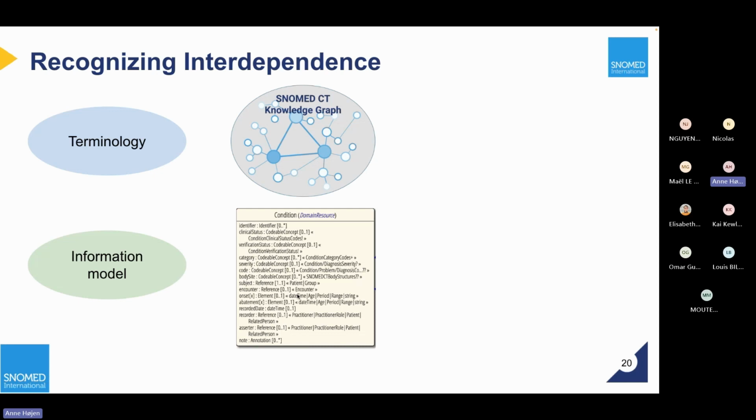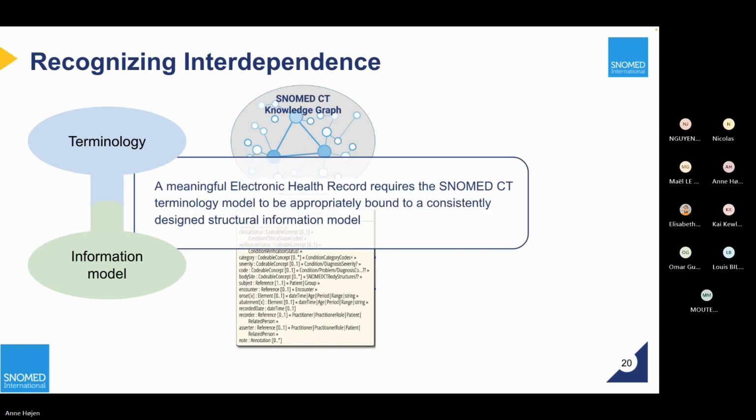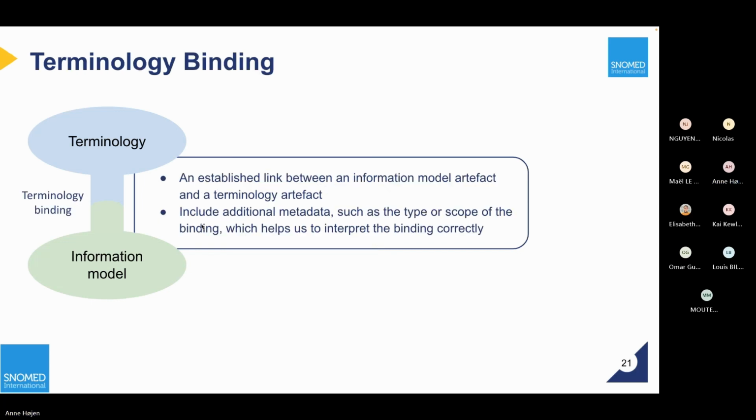And the point about standardizing our health IT systems, and how to do that, is that you perform terminology binding so that you make the terminology work well with your information model. So you need to appropriately bind the terminology to the structures in your information model.